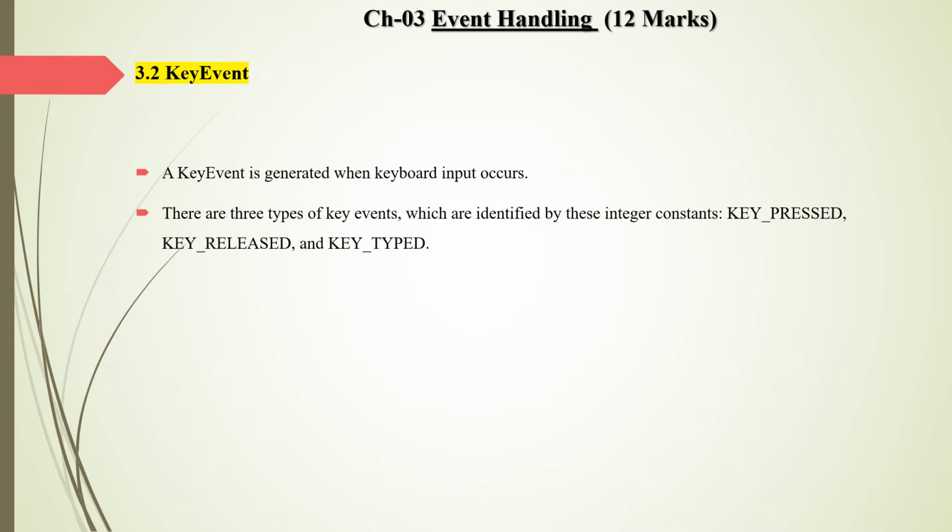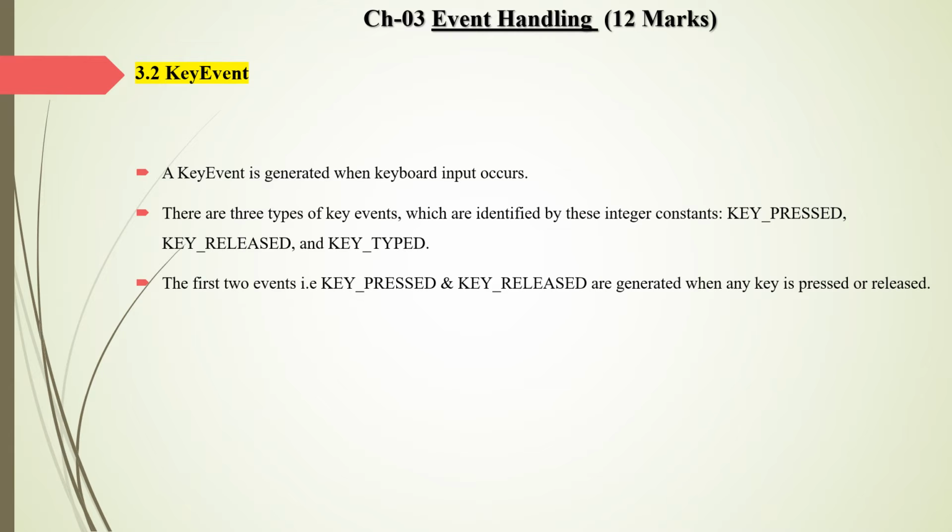There are three types of key event which are identified by these constants. First is KEY_PRESSED, second is KEY_RELEASED, and third is KEY_TYPED. The first two events, key pressed and key released, are generated when any key is pressed or released.